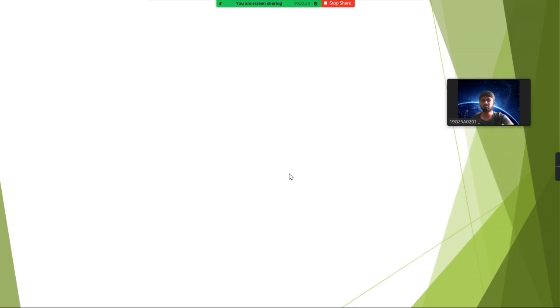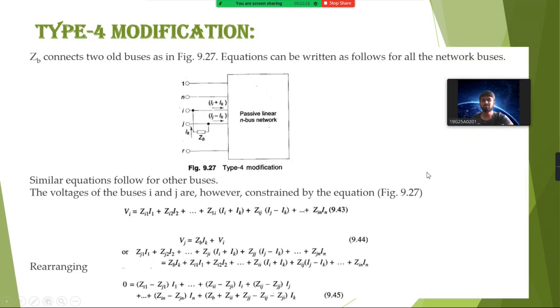And coming to the fourth modification of the Z bus, Zb connects two old buses i and j. Between them we will write the equations as follows for the network buses. Similarly, these equations will follow for other buses also.